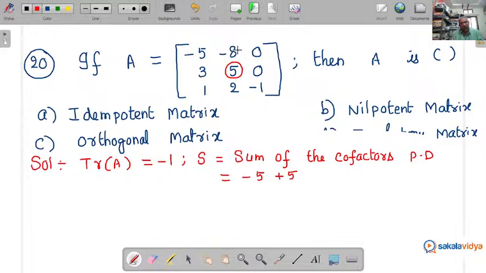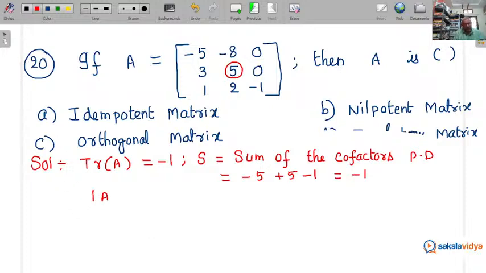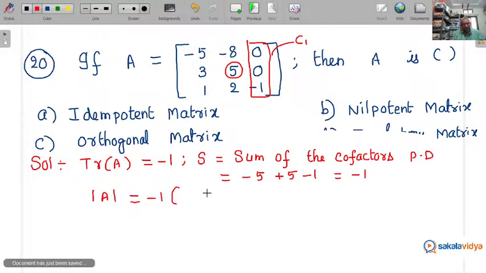So minus 25 plus 24, minus 1. So obviously you get minus 1. Next the determinant of the matrix we need to find out. That is very important, det A. The third column has the most zeros, so expand by column 1. So minus 1 into the determinant of this matrix, that is equal to minus 25 plus 24. So you get minus 1 into minus 1 plus 1.